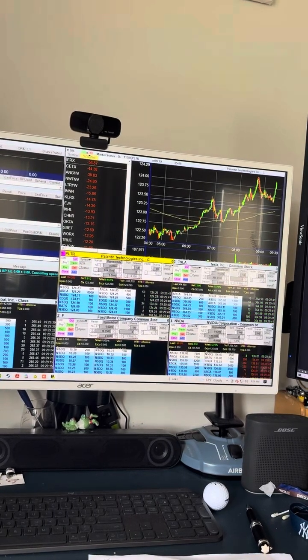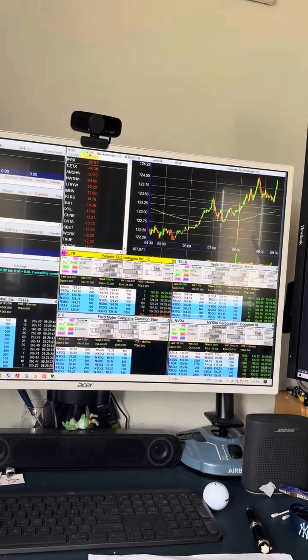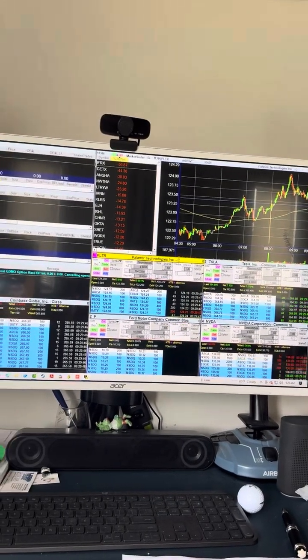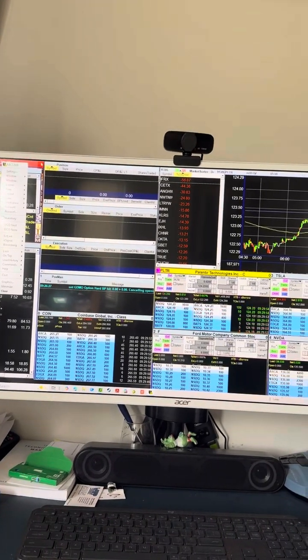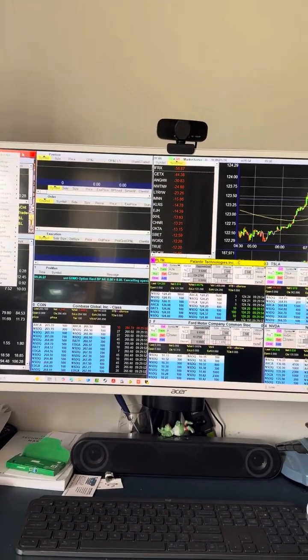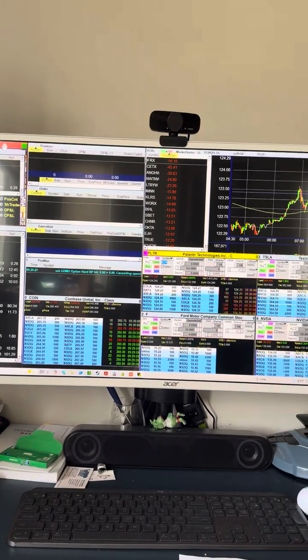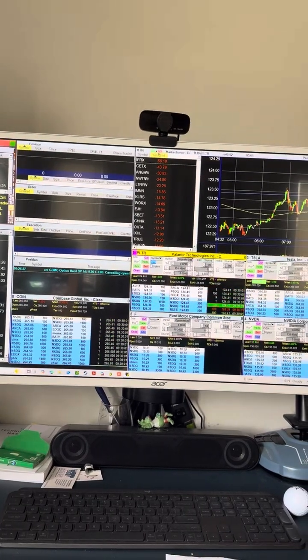Where's layout? Right click on the red box. Mine's saying the time at the top. Right click it. Yeah, layout.